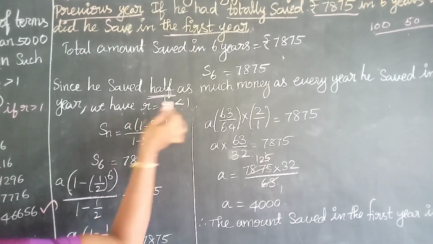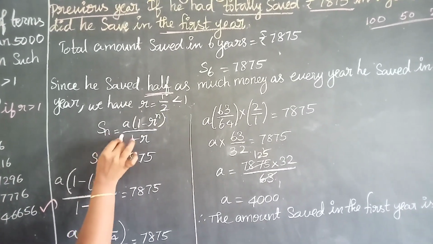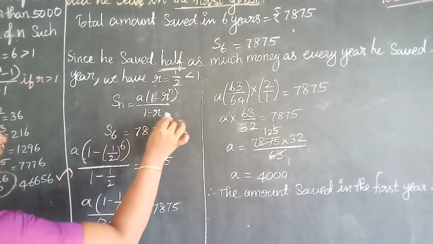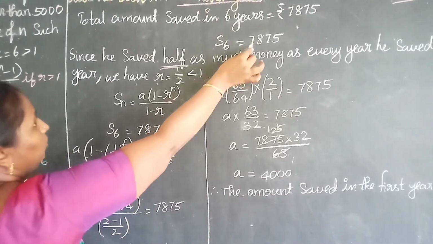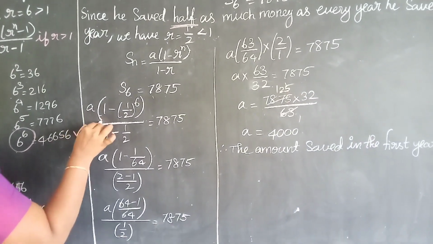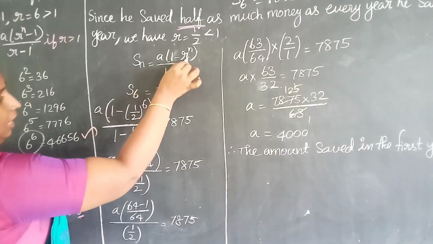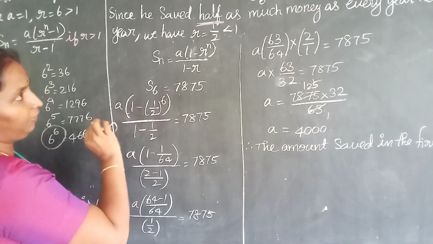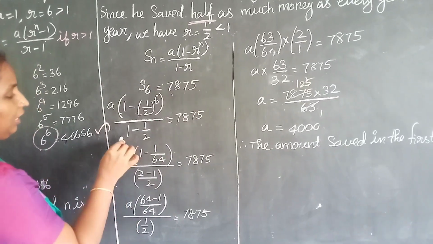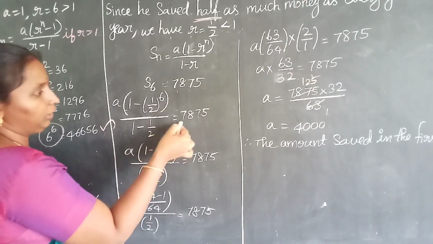So R is less than 1, I have to use Sn equal to A into 1 minus R power n by 1 minus R. So S6 we know is 7,875. Substitute in this formula: A into 1 minus R, which is 1 by 2, whole power 6. N value is 6. Divide by 1 minus R, 1 minus 1 by 2.